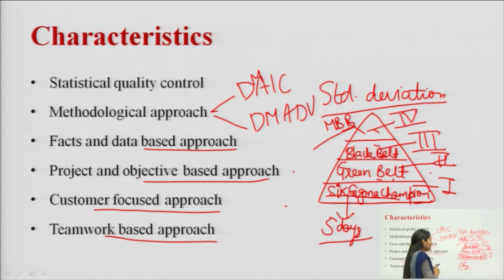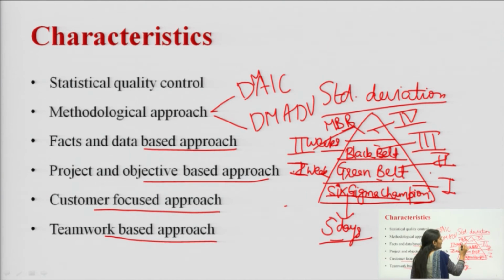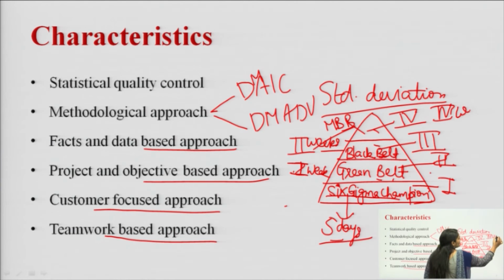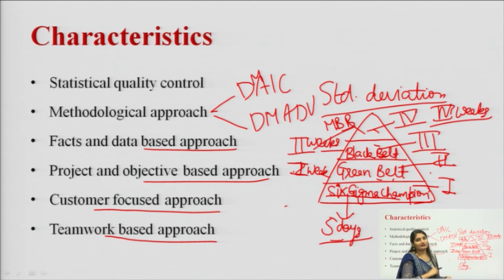In level 1, training of 5 days is given. In level 2, training of 1 week is given. In level 3, 2 weeks of training is given, and in level 4, training of 4 weeks is given to the personnel working in the respective area.